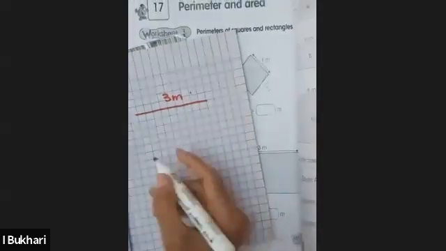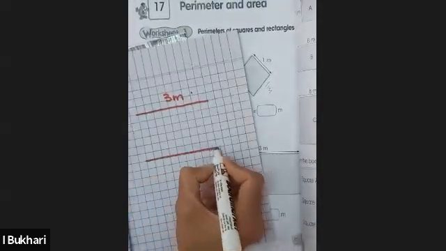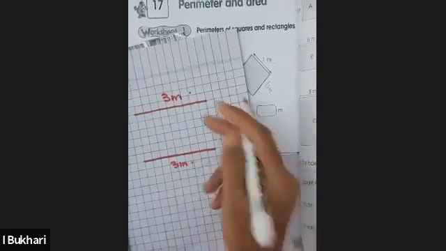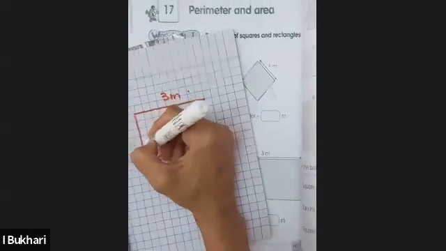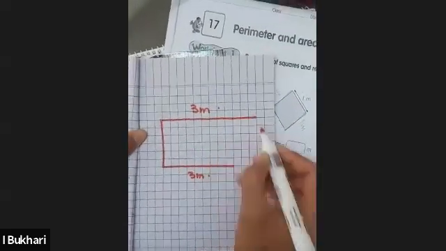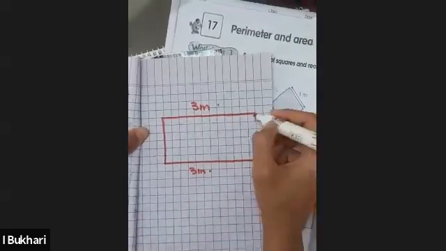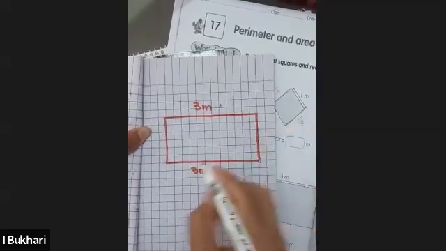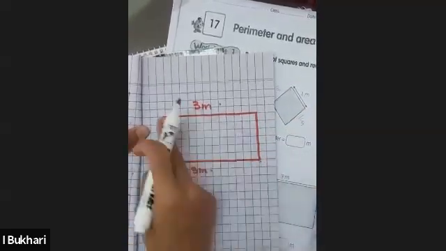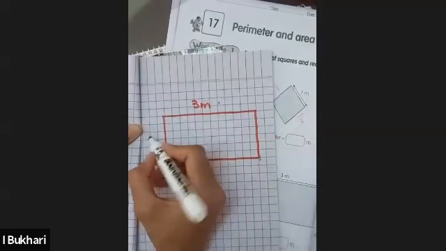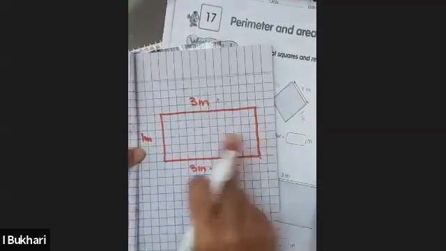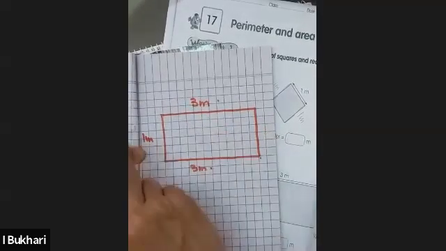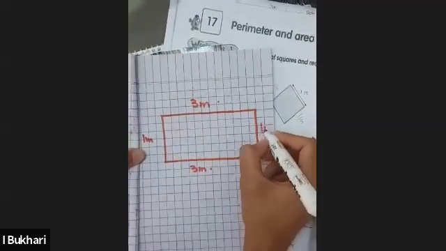This is 3 meters, so the opposite side should also be 3 meters because I know a rectangle's opposite sides are equal. Let me make the length a little longer so you can see it is longer than the width. Let's suppose this is 1 meter. And if this is 1 meter, the opposite side should also be 1 meter because opposite sides are equal.